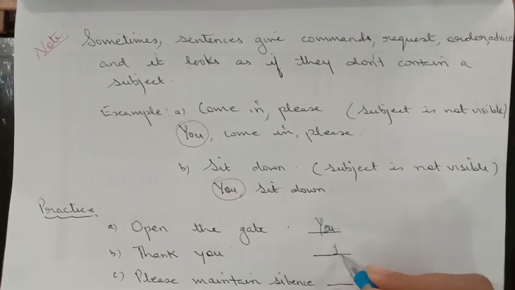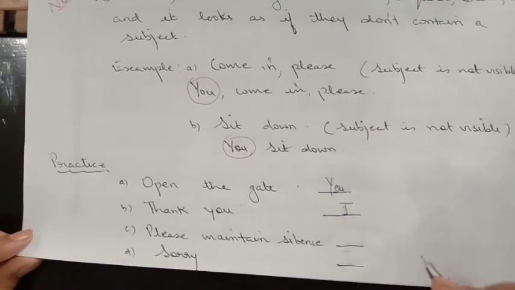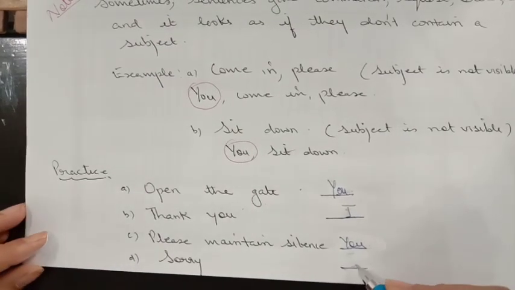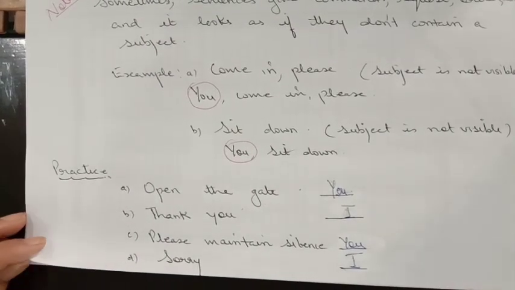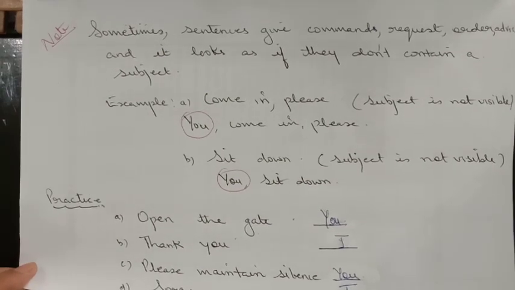I thank you. Please maintain silence. You maintain silence. Sorry. Who's sorry? I. So sometimes the subject may not be visible. You have to read the sentence carefully and then mention the subject.